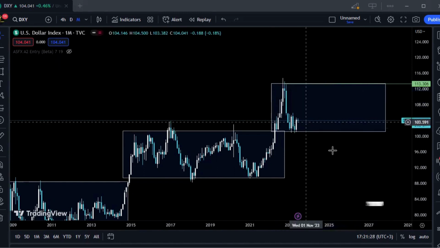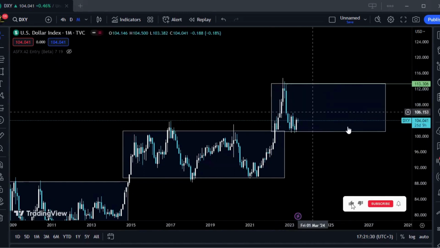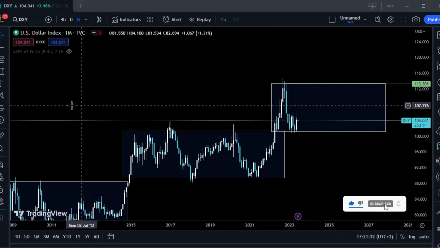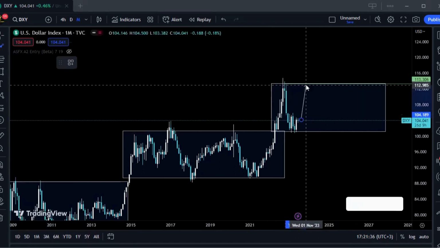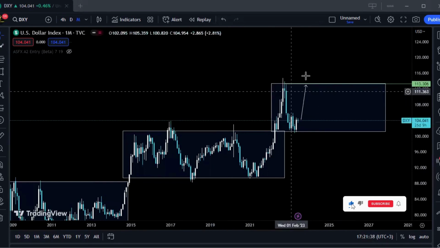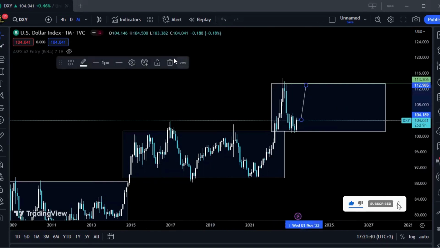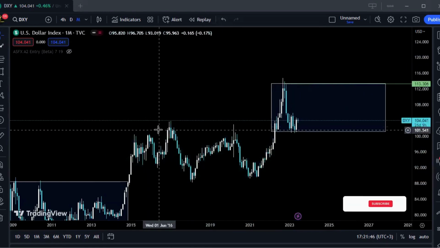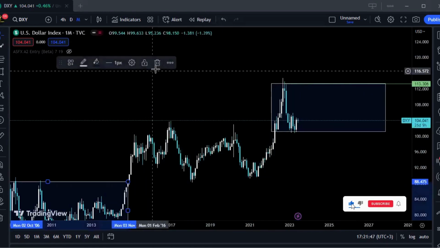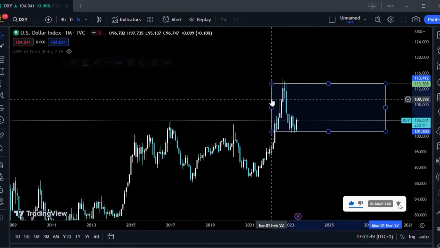For this range to be legit, we need to see prices push until there. That's the move we are anticipating on the US dollar. It's also a continuation of the trend because prices are in a bullish trend.